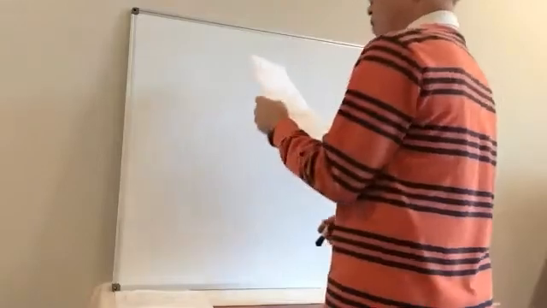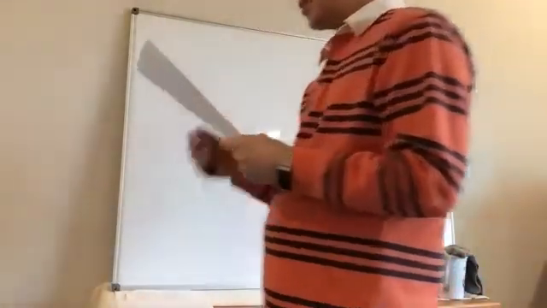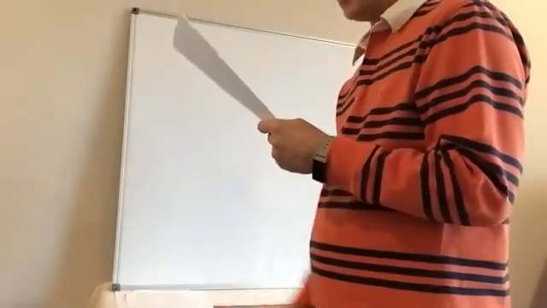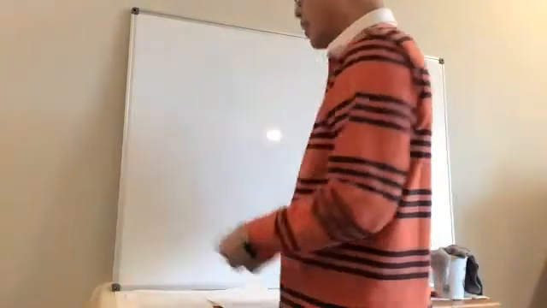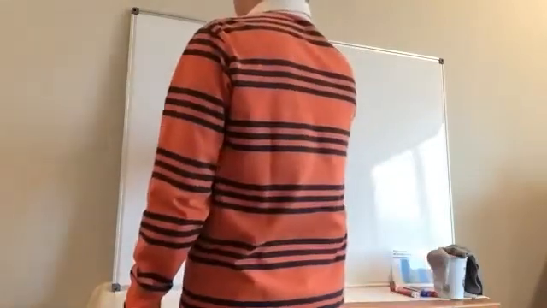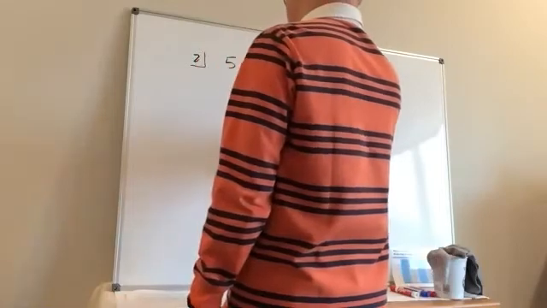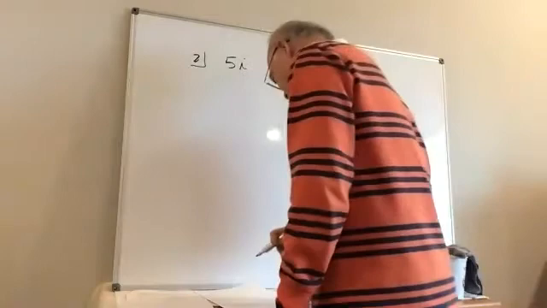Number 2. Write a polynomial function of minimum degree with real coefficients whose zeros include the listed. Write the polynomial in standard form. Okay, so now this one, they say I want in standard form, right? So I'm given that 5i and root 2 are your roots.